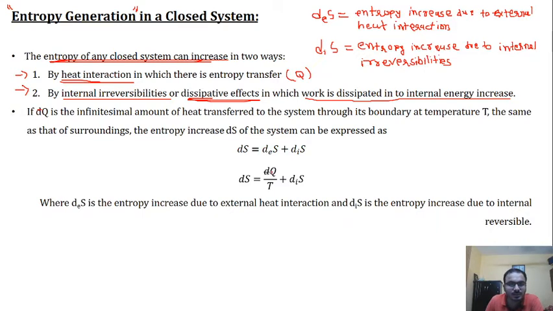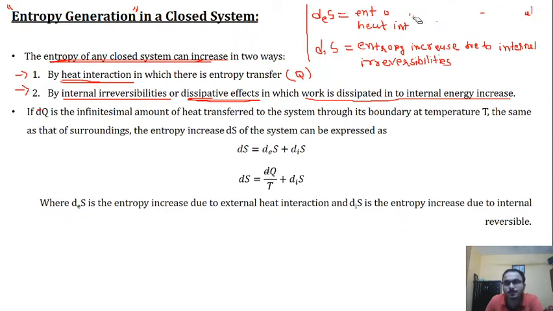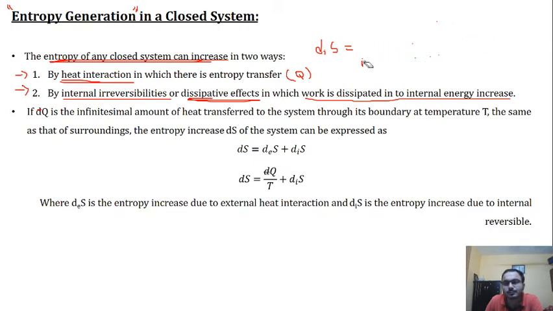Okay, here I have written the same thing, so we can erase this part. So as you can see, des is entropy increase due to external heat interaction and dis is entropy increase due to internal irreversibilities.